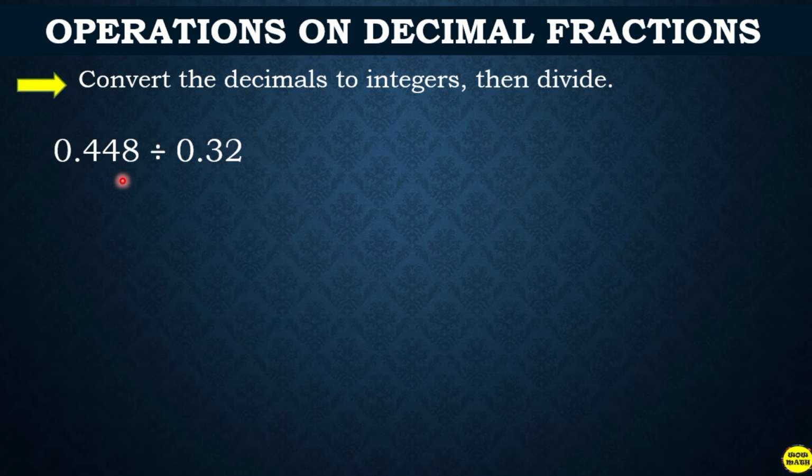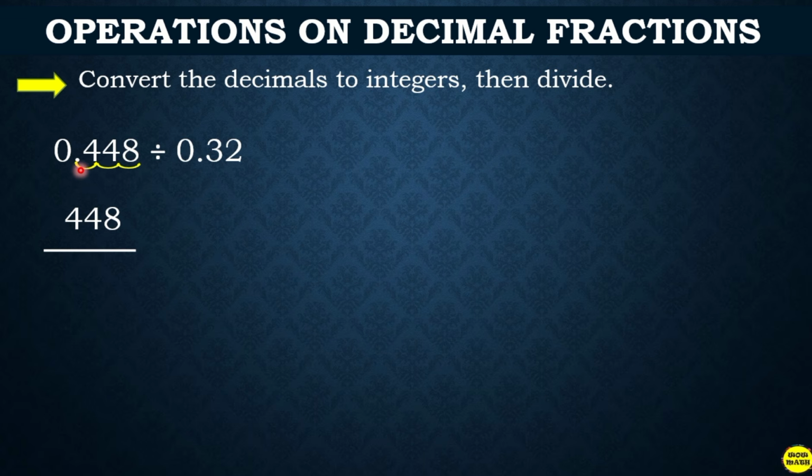Okay, so we will have, so ito siya, since naka-decimal nga siya, gagawin natin siyang integers. So, paano natin gagawin? Kailangan mag-whole number ito. Okay? So, ito, i-move natin dito. So, kailangan mapunta yung point dito, no? Para maging 448 siya. Okay. So, move natin. 1, 2, 3. So, we now have 448. Now, ilang times tayo nag-move, ganun din ang gagawin mo dito.